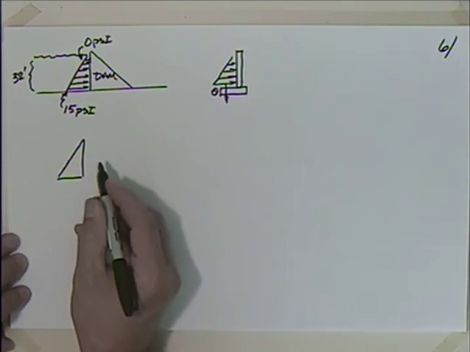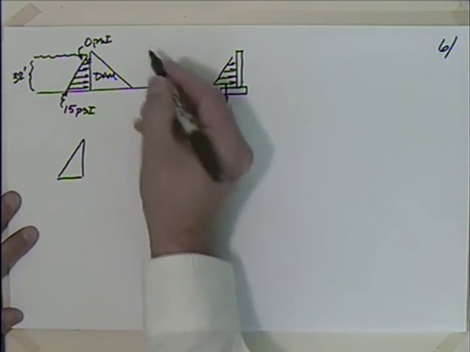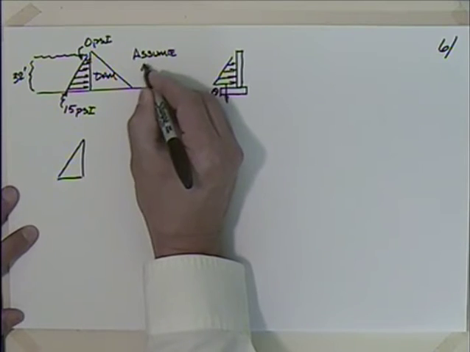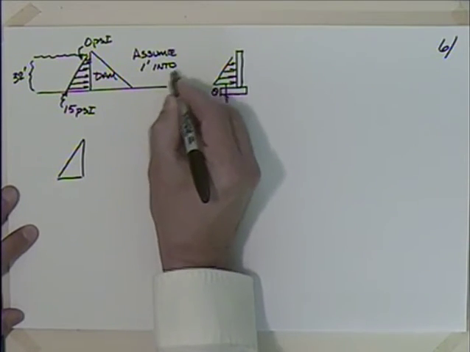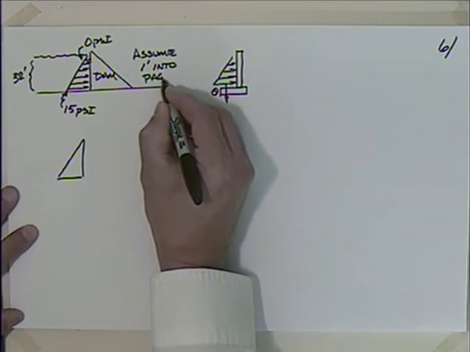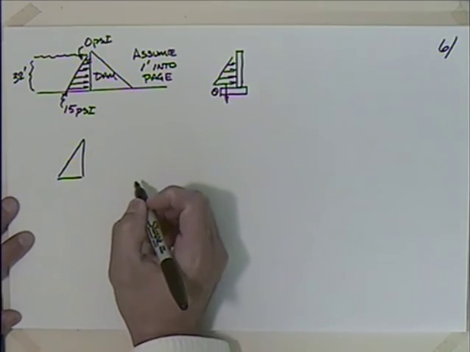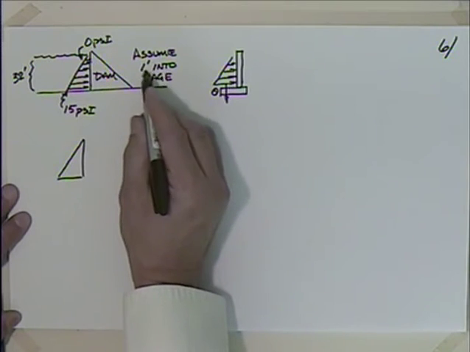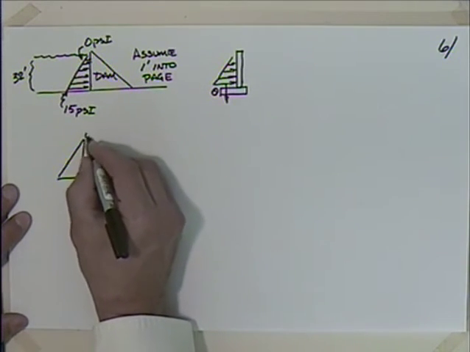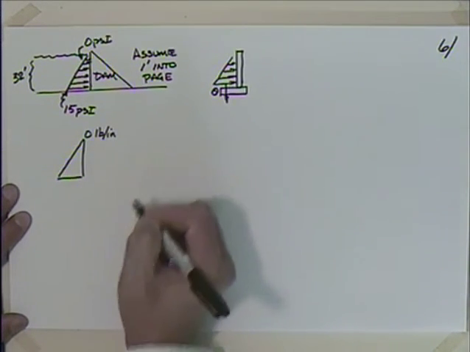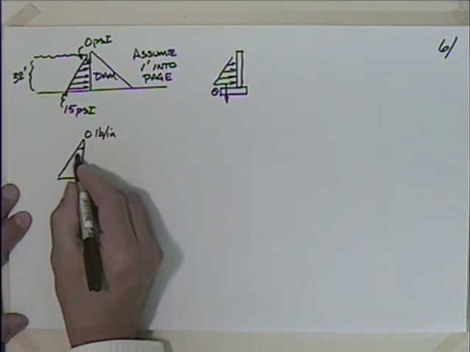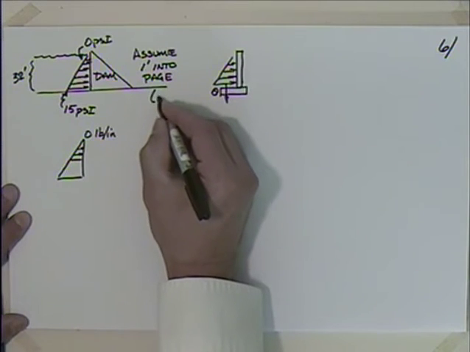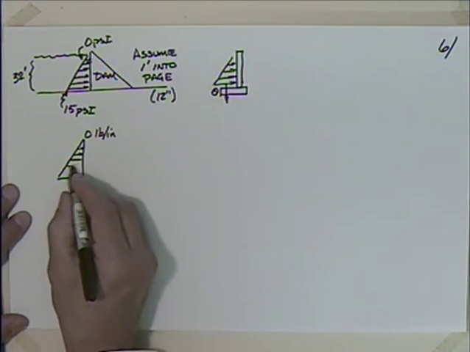And I'm going to take a dam that's 1 foot into the page. Okay, 1 foot into the page. So if I have 0 psi times 12 inches gives me 0 pounds per inch, because 1 foot is 12 inches.